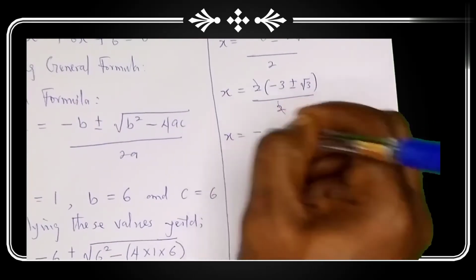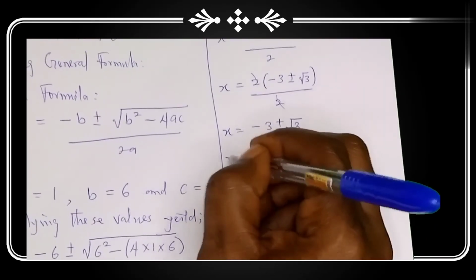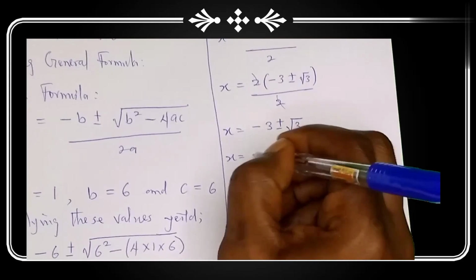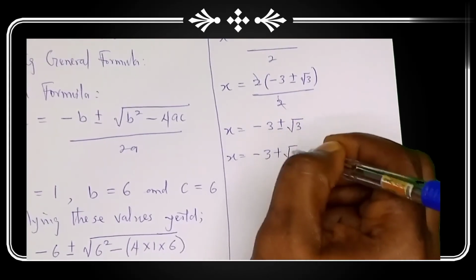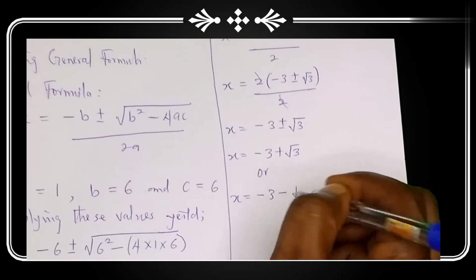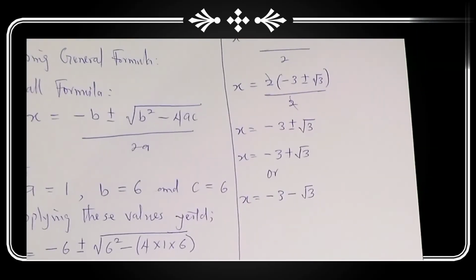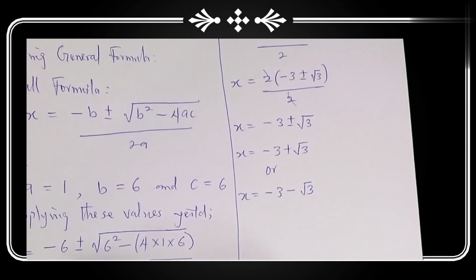Then we have minus 3 plus or minus root 3, which is equal to x equals minus 3 plus square root of 3, or x equals minus 3 minus root 3. The same question, the same answer we got when we used the other method. So the completing the square method, the general formula method, and also the factorization method arrive at the same end.